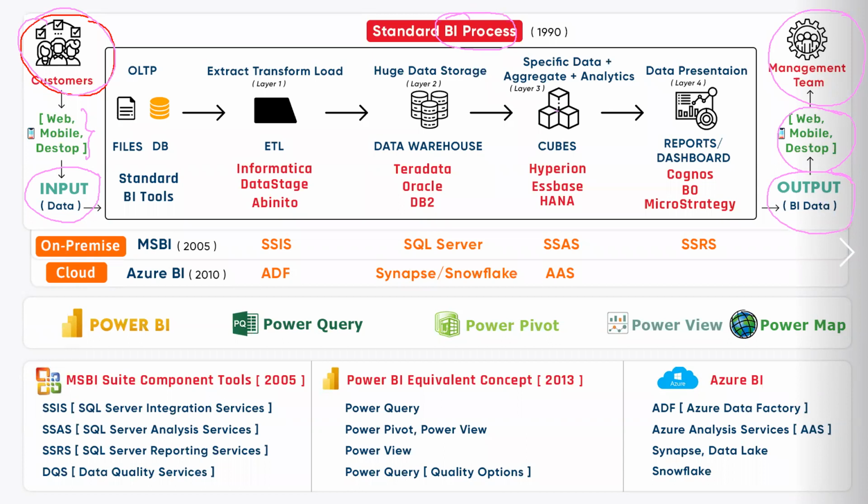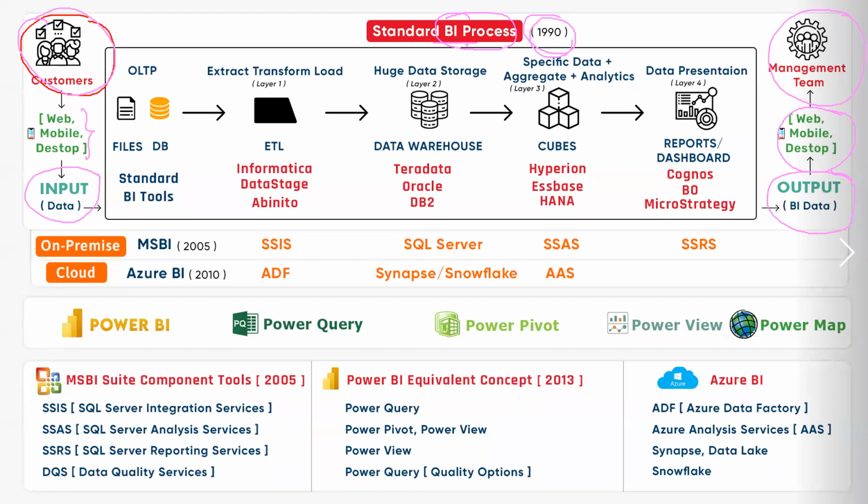First, we will see the very standard BA process given in the 90s. This BI evolution, business intelligence evolution, is also compulsory. Intelligent data to the business, intelligence to the business, is BI.